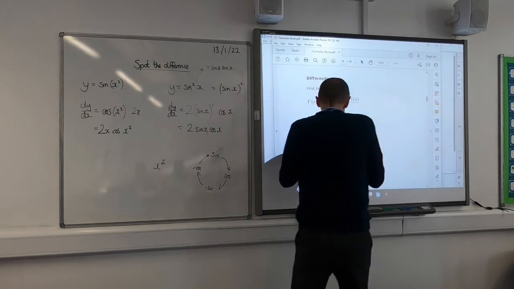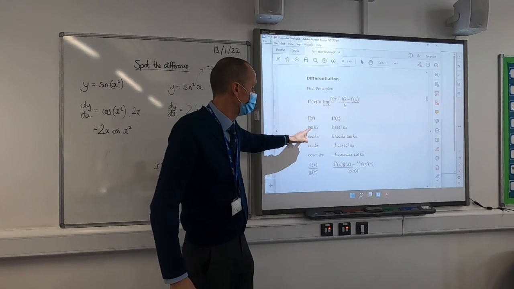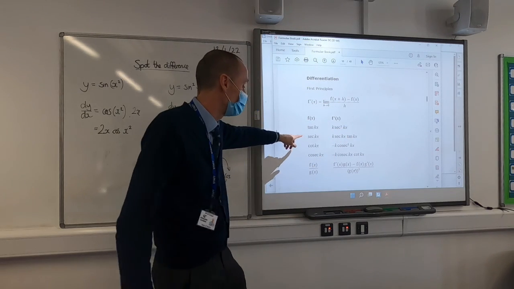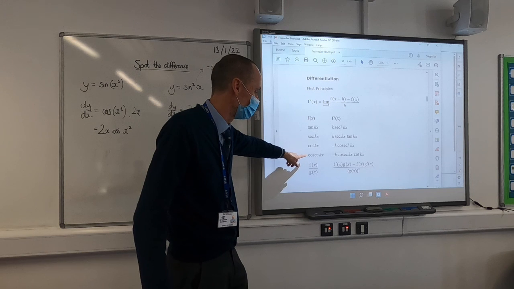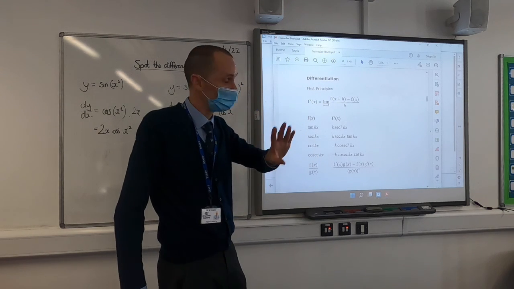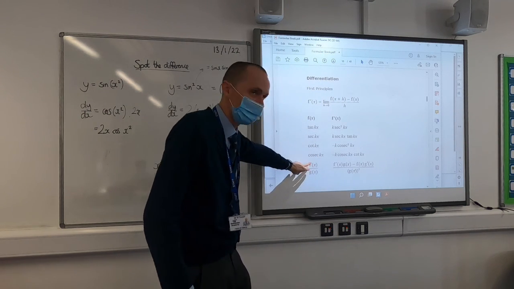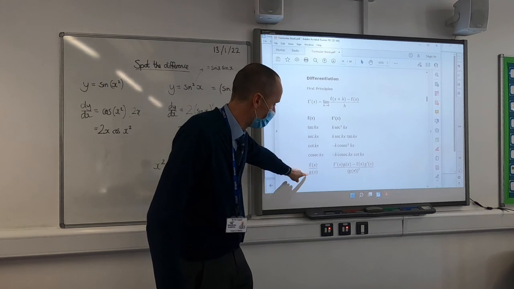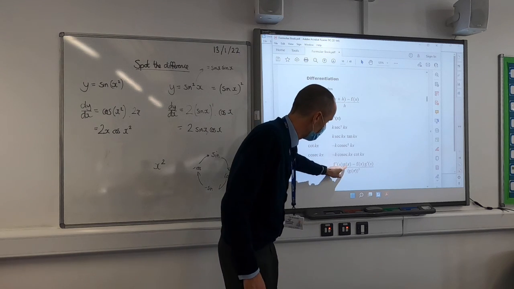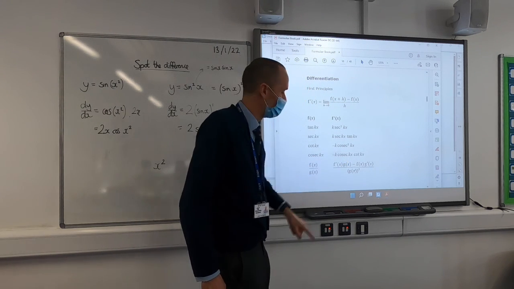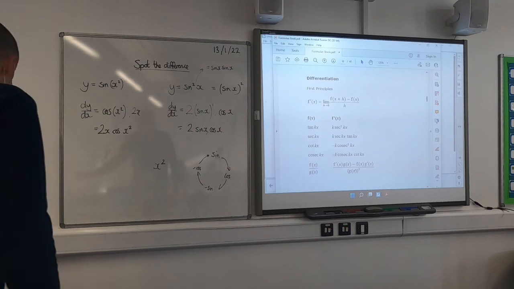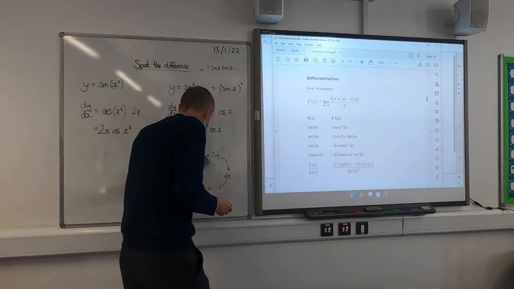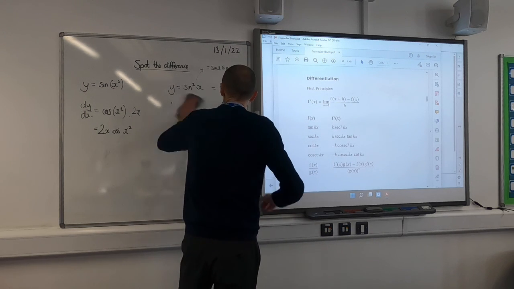So we are told here that the tan of x becomes sec squared of x, and we're also told how to differentiate sec, cot and cosec, although actually we're going to use the quotient rule to do that. But here's the quotient rule. If we've got a function which can be written as one thing over another thing, this is what dy by dx is. And it looks horrible. It's very, very simple and very, very similar to what we were doing with the product rule.